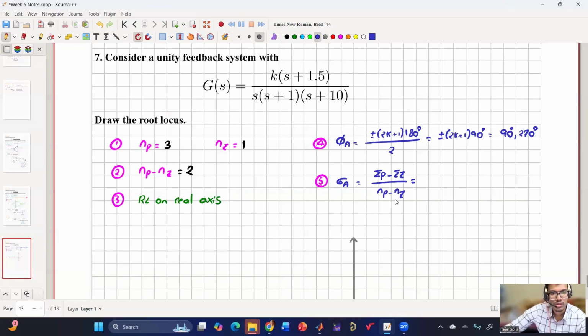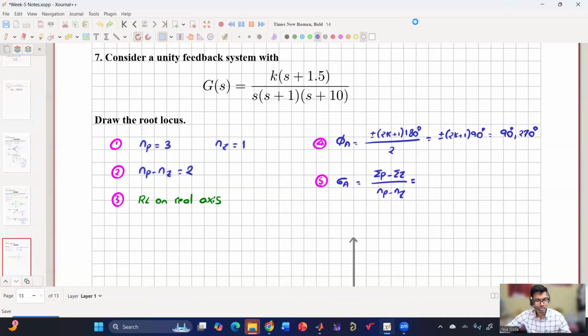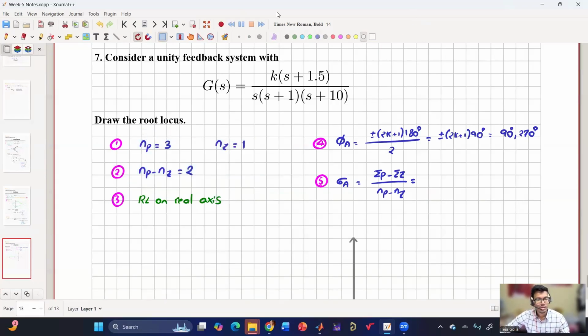1.5, sir. Sorry, how much? 1.5, sir. Number of poles. Poles are 0, -1, -10. Zero is -1.5. Summation of poles minus summation of zeros. So 0.5, sir. How are you saying 0.5? What is summation of poles? 10 plus 1, 11, 11 minus 1.5.